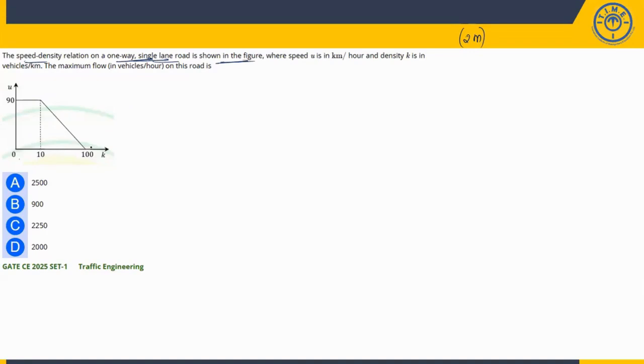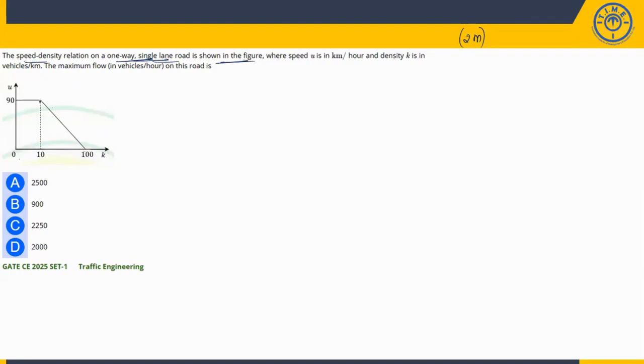As the density increases, speed decreases and becomes zero. At speed zero, this is jam density. This 100 is kj.